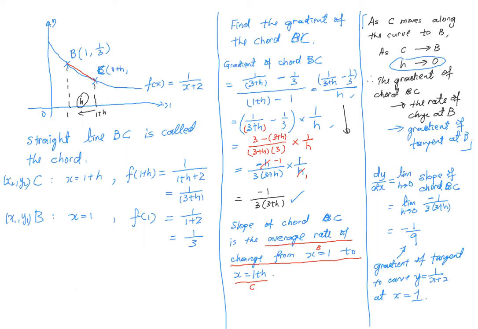For me, I prefer to do it this way. First of all, I have to find the gradient of the chord. Why? I have to know the average rate of change first. So this step is a must to do.